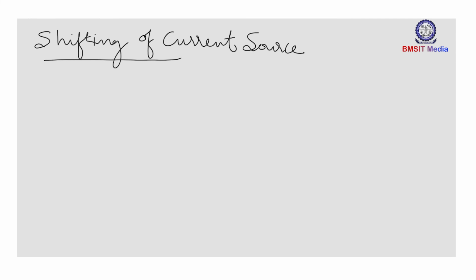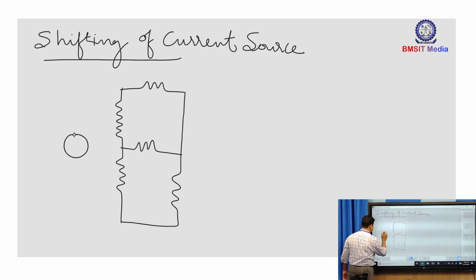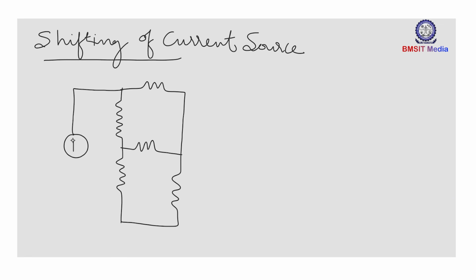Let me consider a circuit, any random circuit, where I can effectively illustrate the shifting of sources. Now suppose I have a current source of I amperes.